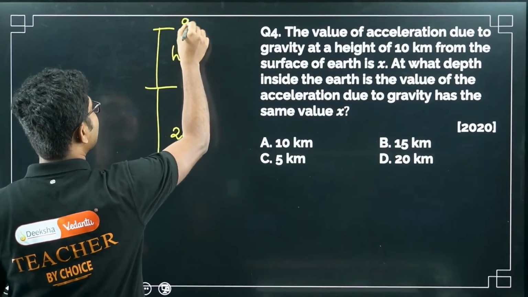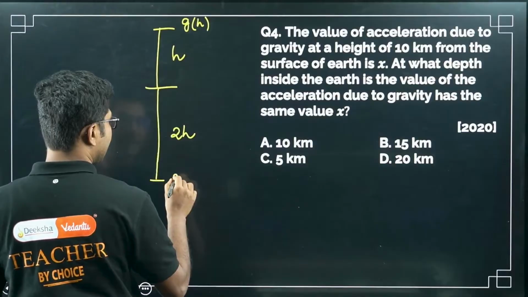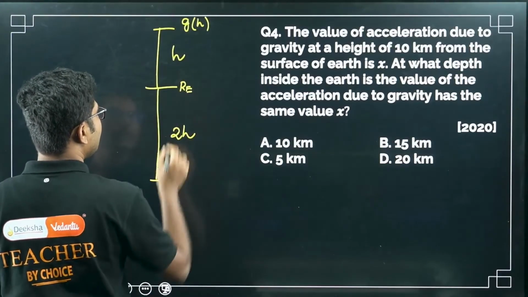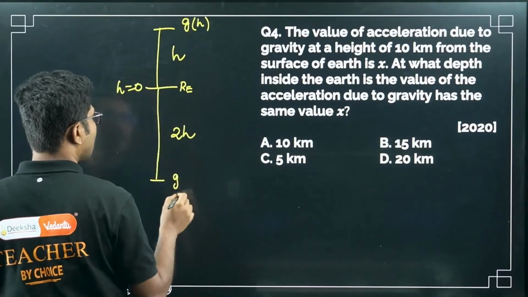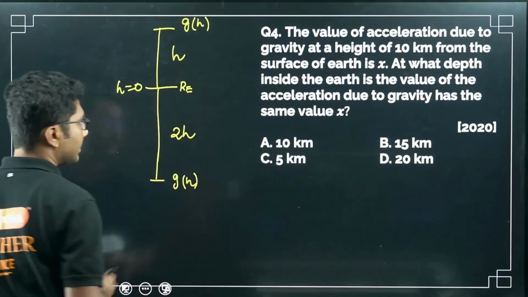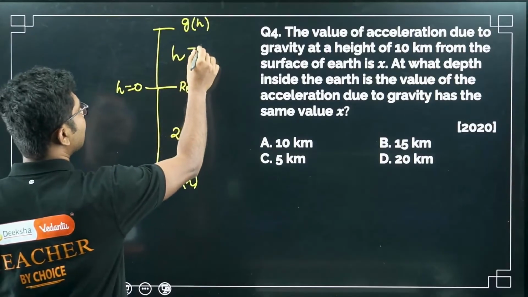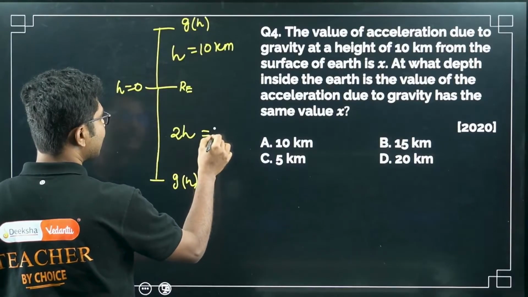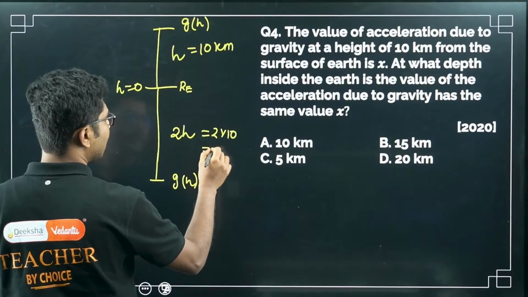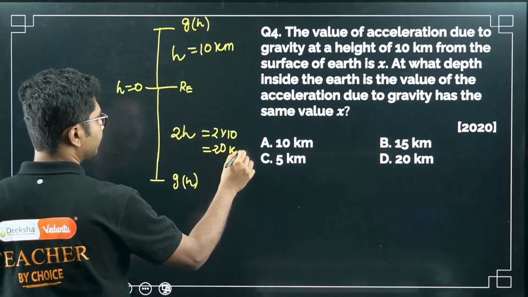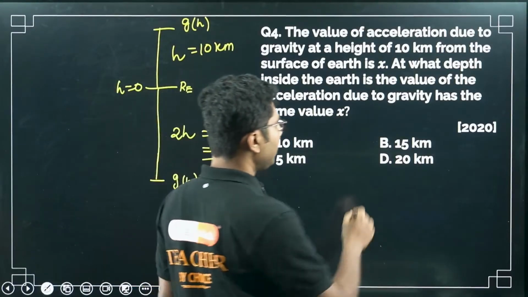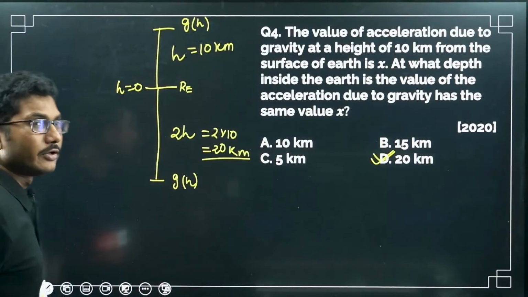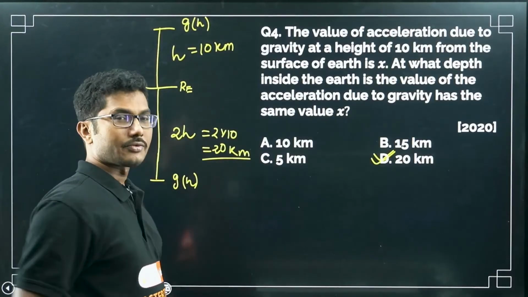So if here it is g_h, it will also be g_h here. This is the surface of the earth, where h equals 0. Here it is given as 10 kilometers, so the same value x will be at a depth of 2 times 10, that is 20 kilometers. Very important concept. If you remember this shortcut, it will be much easier for you to answer such questions.